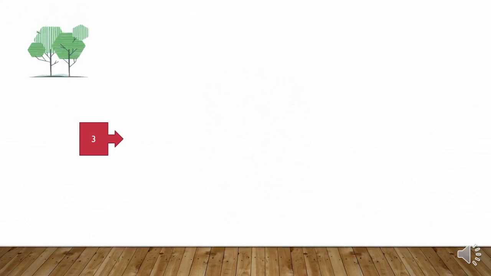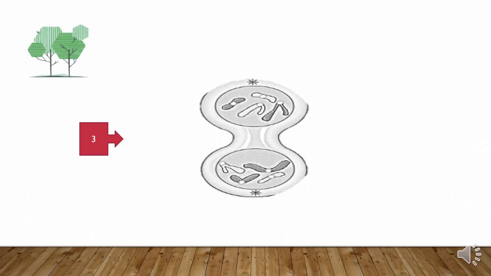Illustration number 3. Again, what stage of mitosis is identified in the illustration? 5 seconds. Okay, let us see your answer. Yes, you're right again. It is telophase. Let us continue.